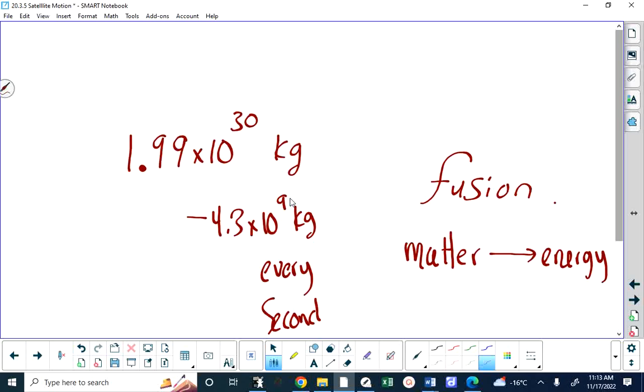But yet, you know, every year they don't reprint data booklets and change this to 1.98 times 10 to the 30. Because that 4.3 times 10 to the 9 kilograms is a big mass, right? It's a huge mass, but it's nothing compared to the mass of the sun. How long would it take?